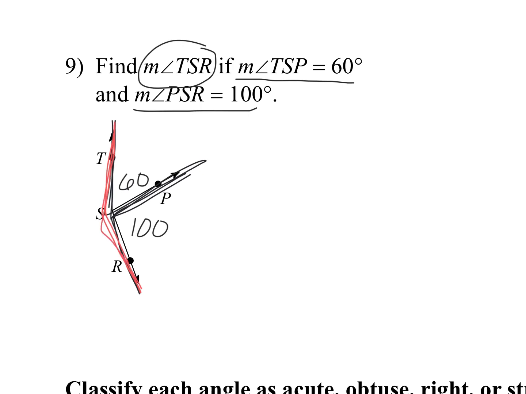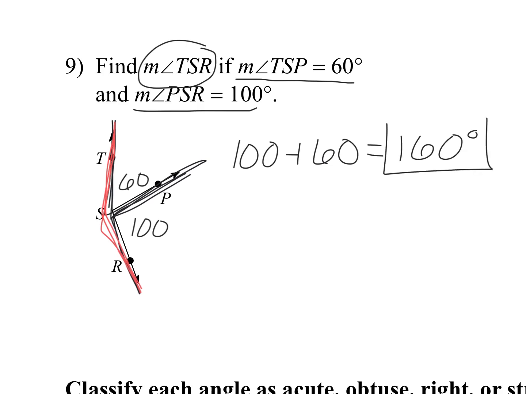How do I find the whole thing? Add them together. 100 plus 60 equals 160. There you go. So underline and circle. Circle what you're looking for. Underline what you have. And then put those labels in there so you don't make mistakes. Okay? That makes sense? Questions on that one?